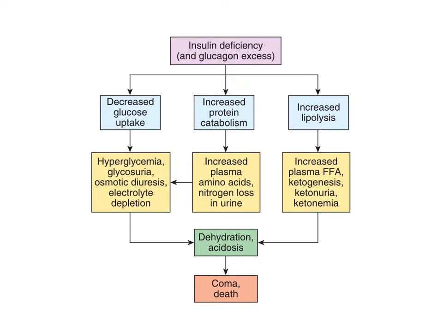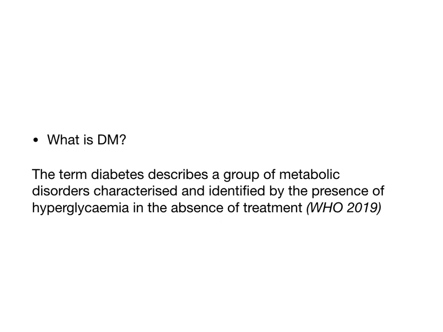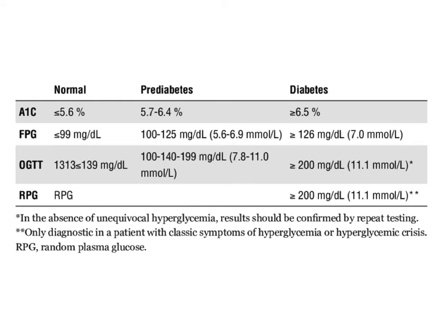So what is diabetes actually? According to the WHO definition, the term diabetes describes a group of metabolic disorders characterized and identified by the presence of hyperglycemia in the absence of treatment. That is diabetes. How do you diagnose a diabetic patient? It depends on your blood sugar level and also the HbA1c level.